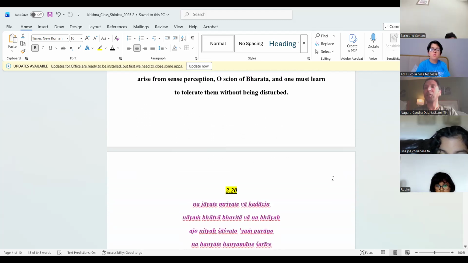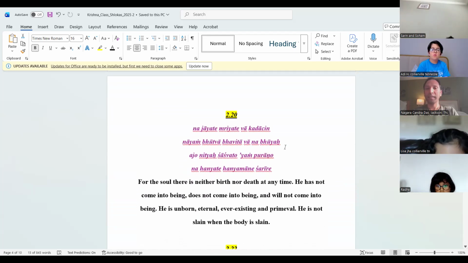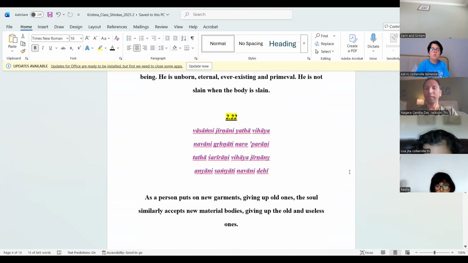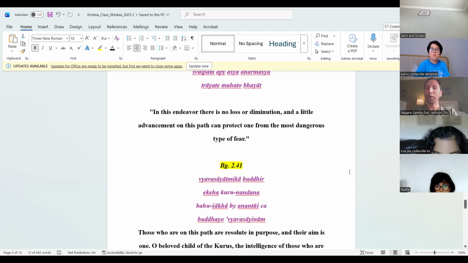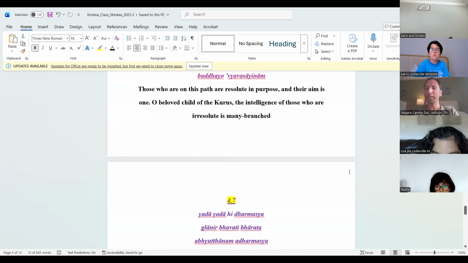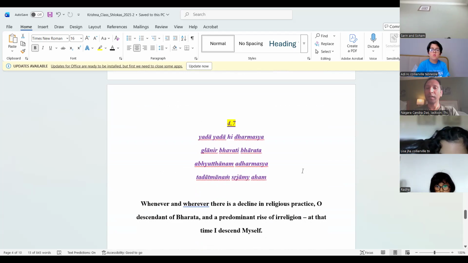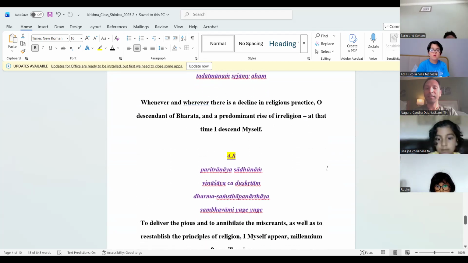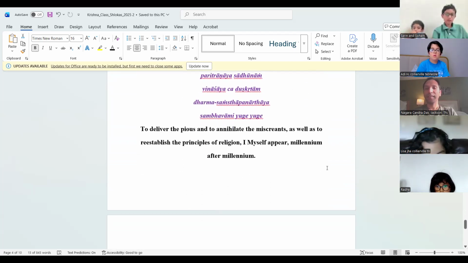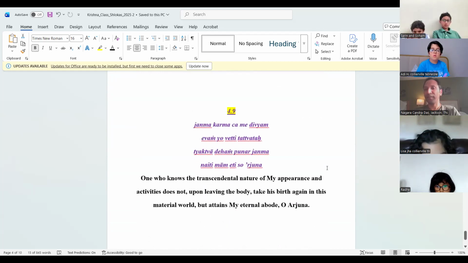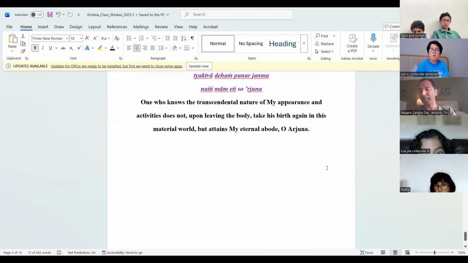We have discussed the meanings of all these shlokas in detail also. Na Jayate Mriyate, Vasamsi Jirnani, Neha Abhikrama Nasho Asti, Vyavasayatmika Buddhi is the last one we did. But we have also done Yada Yada Hi Dharmasya, Paritranaya Sadhunam and Janma Karma Cha Me Divyam. Okay, so these are the shlokas that we have done.